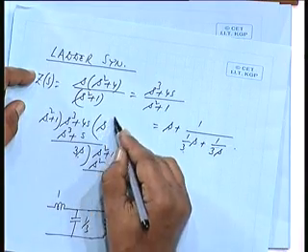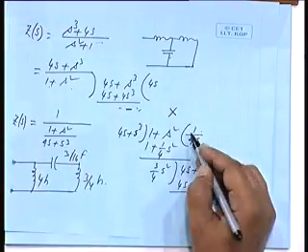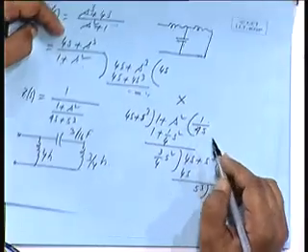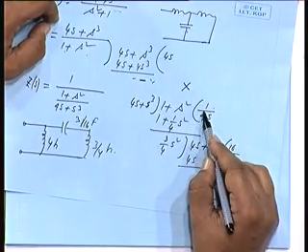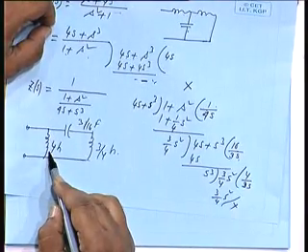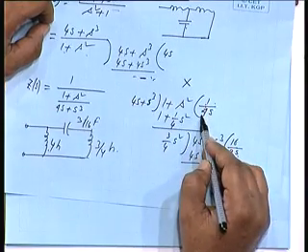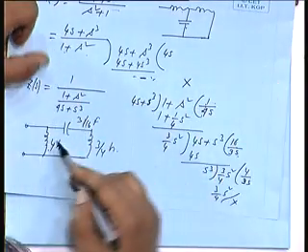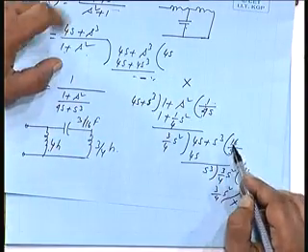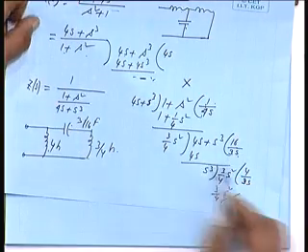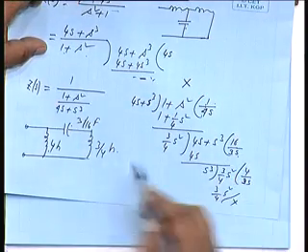Now, this is something divided by S, all right, and 1 over that coefficient is the element value. 1 by 4, invert it 4; 16 by 3, invert it 3 by 16; 4 by 3, invert it 3 by 4.